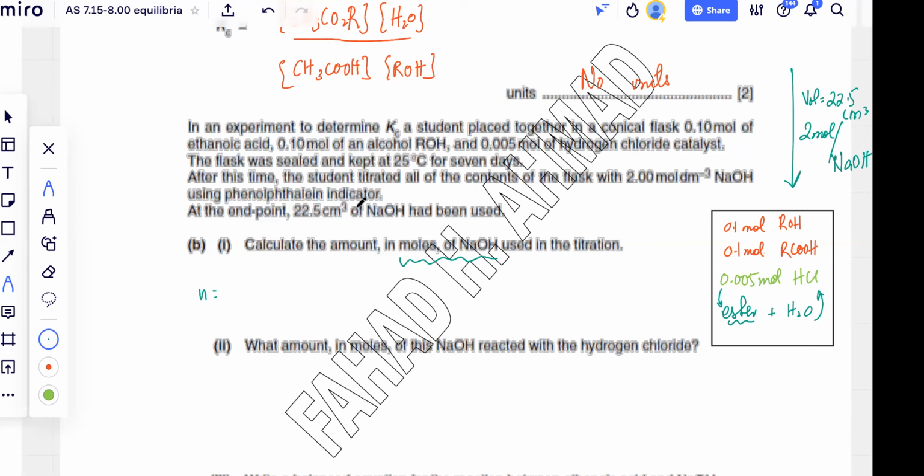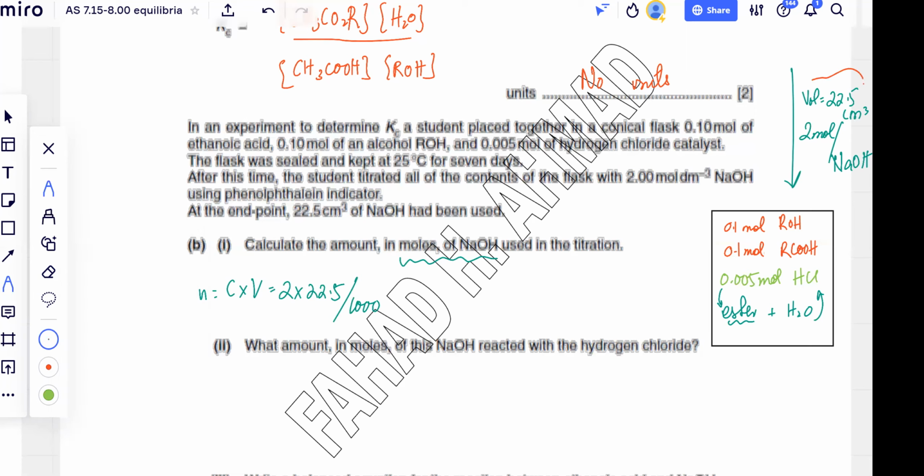So n is equal to C into V. So it's going to be 2 multiplied by 22.5. How many moles do we get? 0.45.